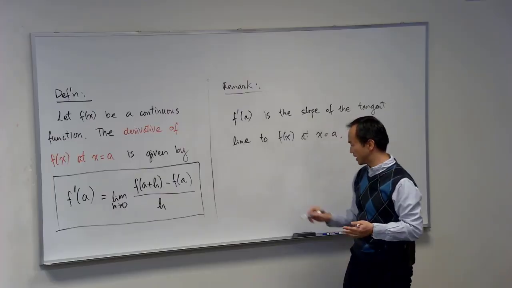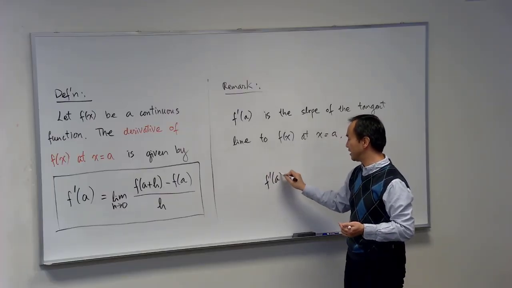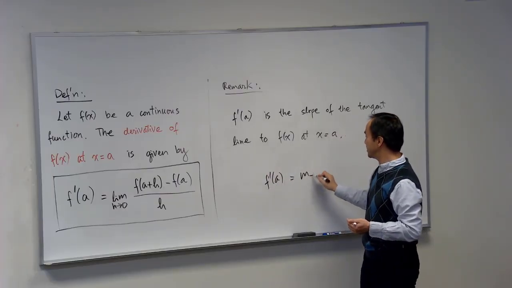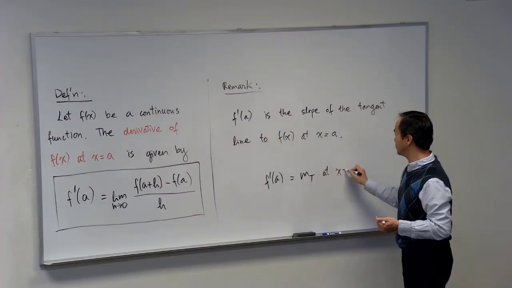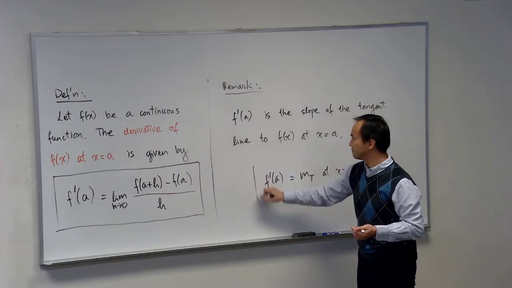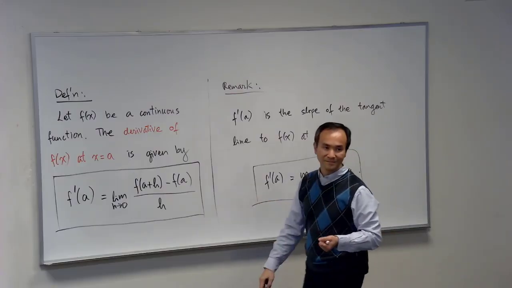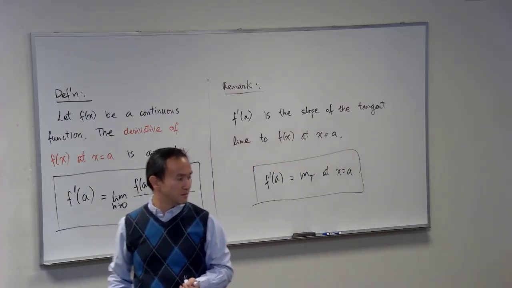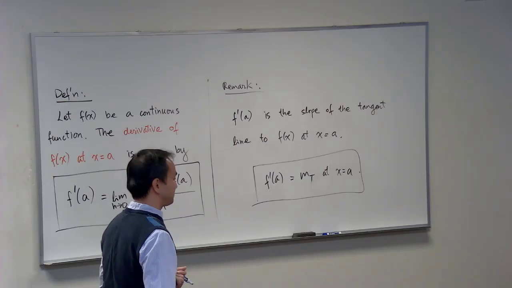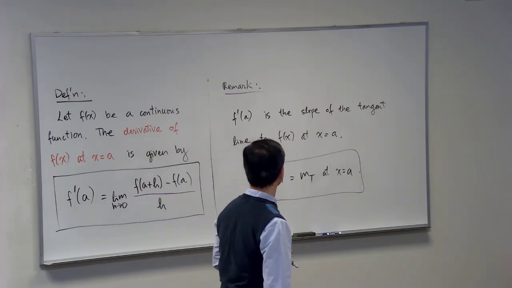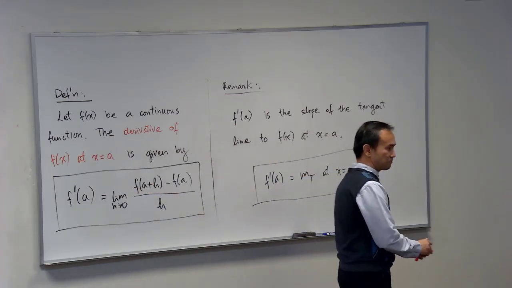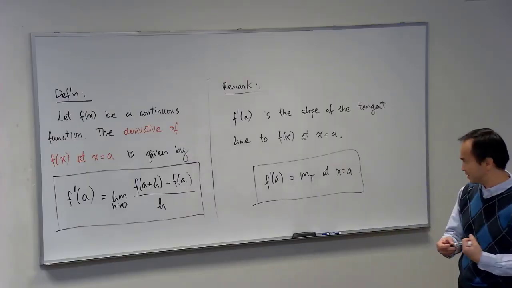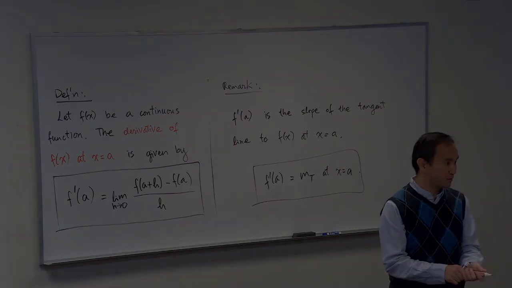That's the exact same thing, or for short, f prime of a equals m sub t at x equals a. That's something to know. It's not just some loose term. It's precisely the same. That's what I'm talking about.